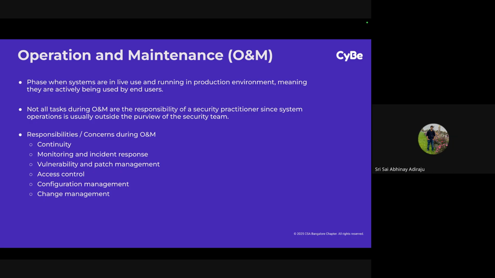These are the different SOPs that need to be defined when you're handing over your software to the operations and maintenance teams. And the main responsibility of these teams is to ensure that the entire software continues to run 24/7 without any interruptions, without any downtimes.